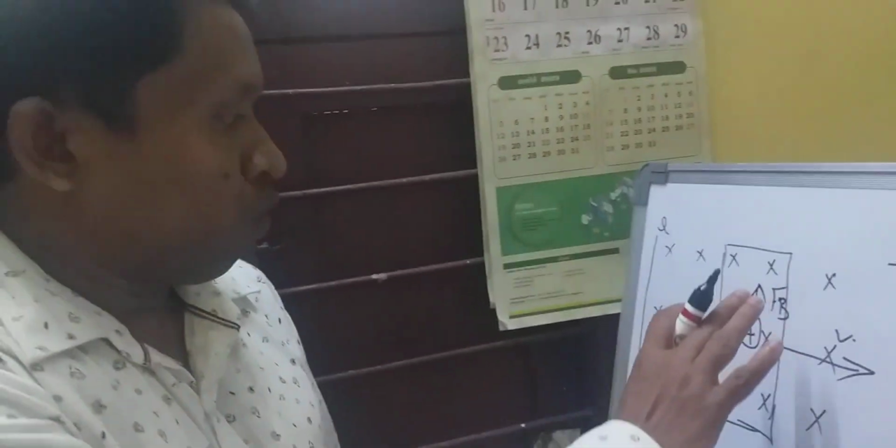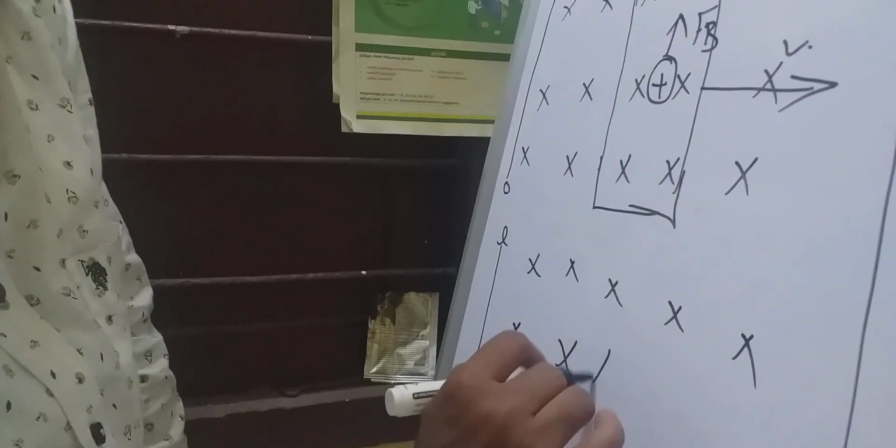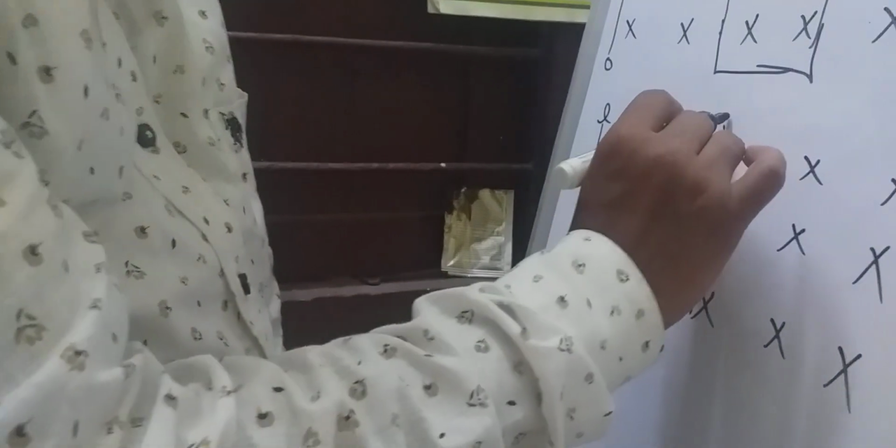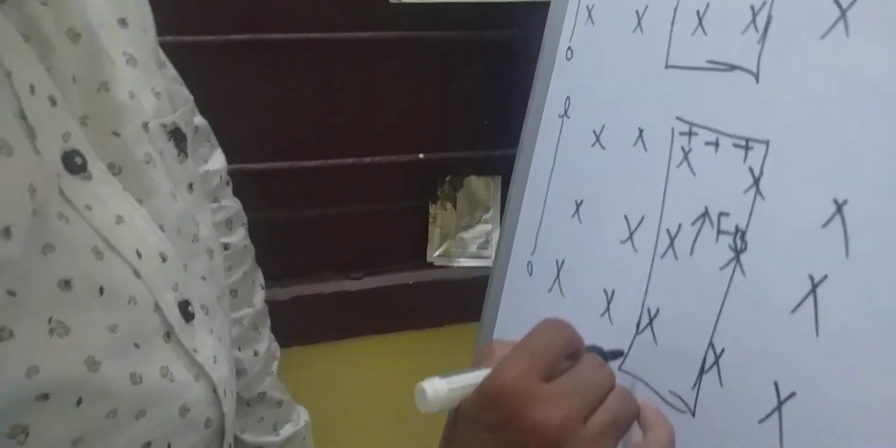Because of the magnetic force, from 0 to L, this is the magnetic field, the conductor is here, and the magnetic force is acting in the upward direction. So this magnetic force separates the charges. The plus charge goes upward, and the minus charge accumulates downward.